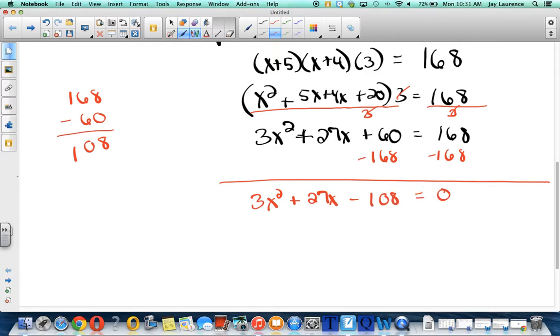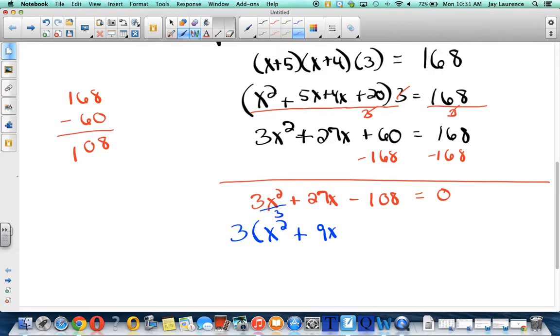Now, remember, I've told you, GCF, GCF, GCF. I see a GCF in here. I know that 3 goes into all 3 of them. 2 plus 7 is 9, 3 goes into 9, so 3 goes into 27. 1 plus 0 plus 8 is 9, 3 goes into 9, 3 goes into 108. So I'm going to factor out that 3. I get an x squared plus a 9x.